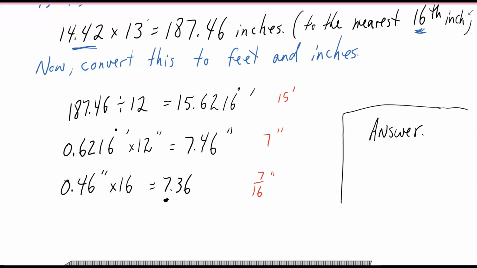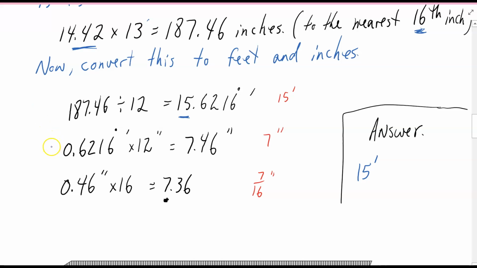And that tells us that 187.46 inches is 15.6216 feet. Or from that, we take that the full number of feet in there is 15, not 16. We're somewhere in between 15 and 16. So far our answer for the feet part is 15 feet. The 0.6216 represents the number of inches.